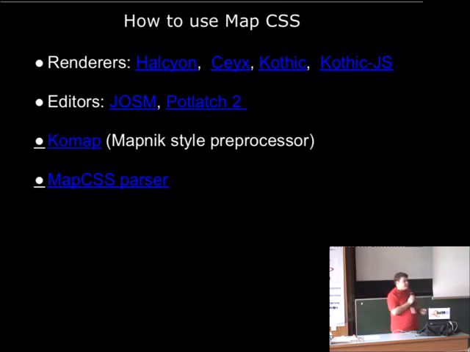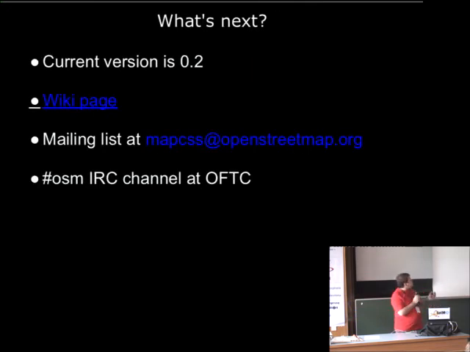And if you are a developer, you can use my MapCSS parser written in Python, which completely supports MapCSS version 0.2. It's the last version. You can ask me later. And what's next? The current version is 0.2, so it's actively developed. We have a problem that there is no specification like regular CSS has.